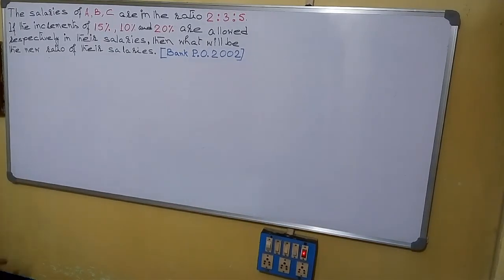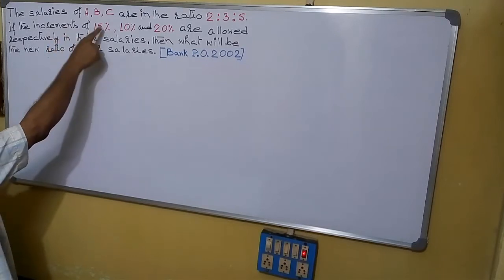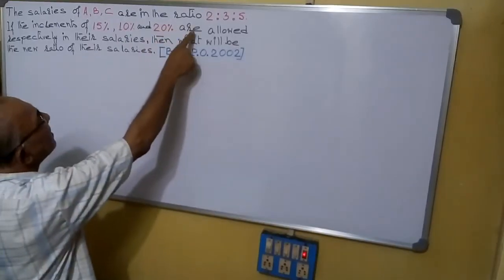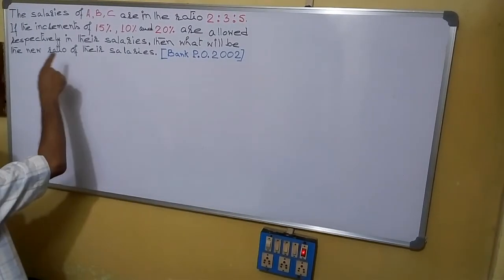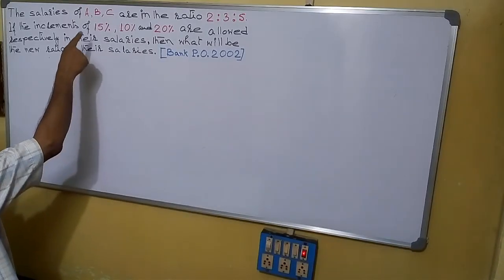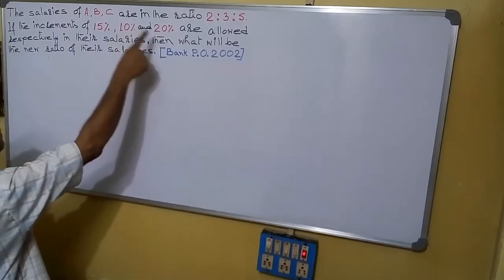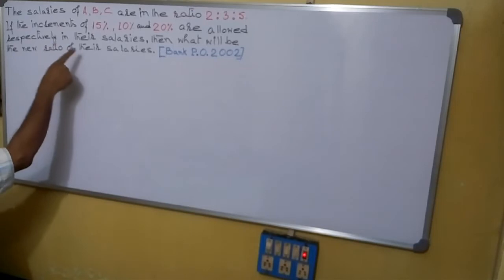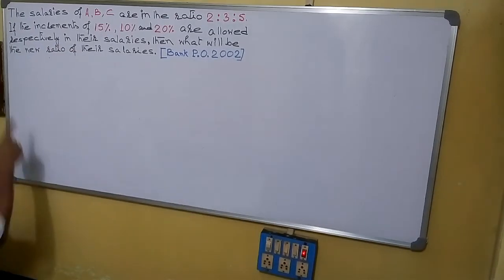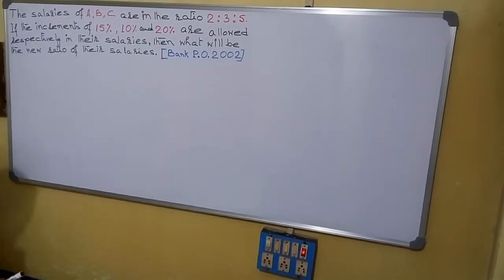Now see this sum. The salaries of A, B, C are in the ratio 2:3:5. If increments of 15%, 10% and 20% are allowed respectively in their salaries, then what will be the new ratio of the salaries?